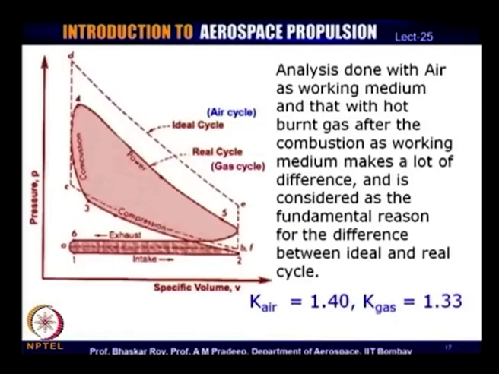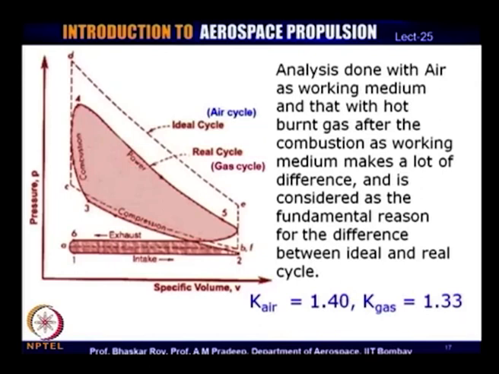The other thing that we need to keep in mind is, we have talked about ideal cycle and real cycle. One of the main differences between the ideal cycle and the real cycle is that the ideal cycle is operating on an air cycle, whereas the real cycle is operating on a gas cycle. Inside the cylinder, fuel has been burned, gas has been created, and especially from point 4 to point 5 and through the exhaust, it is not air, it is gas, a combination of air and burned fuel.